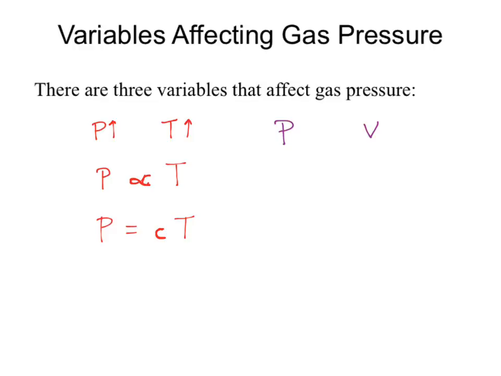It increases, because as we push down, we can feel it push harder back out at us. So as we decrease the volume, our pressure increases. How can we put that into our proportionality? I can't just say pressure is proportional to volume, because then they're directly related. It's an inverse. How do we mathematically show our inverse?